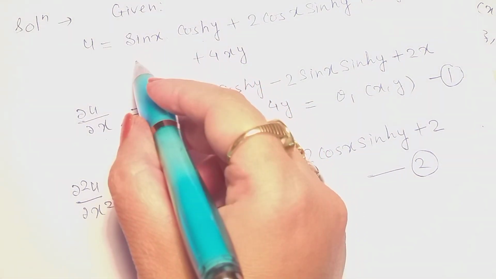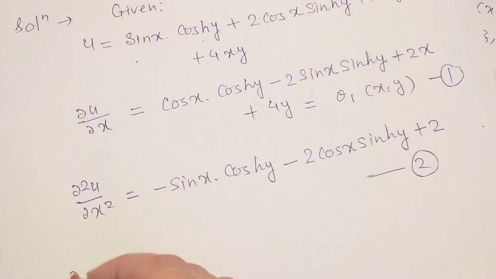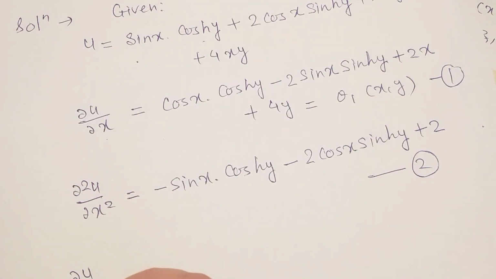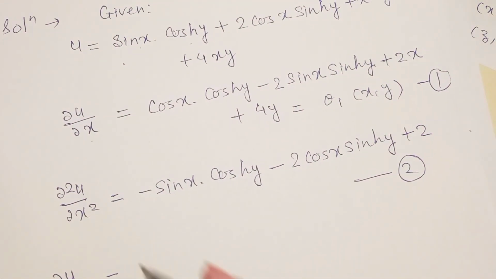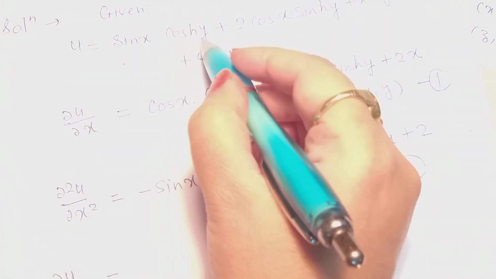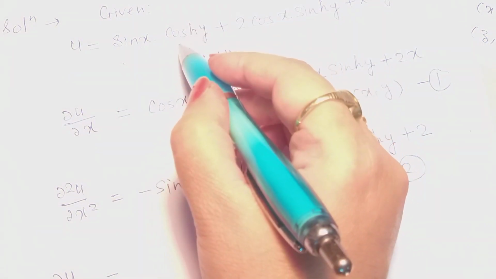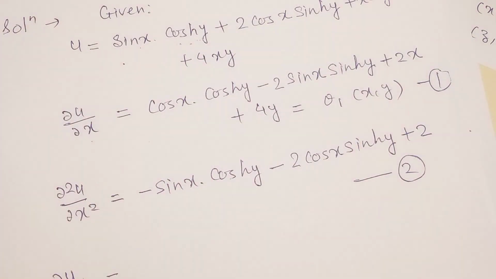Again we differentiate this function with respect to y. Again we are taking partial differentiation. That means we treat x as constant here. Okay. So del u by del y, we differentiate this function, this hyperbolic function. We know that derivative of cos hy is sin hy and derivative of sin hy is cos hy. Okay.